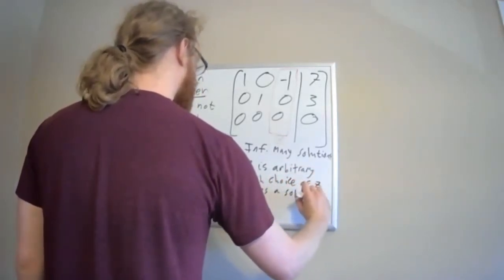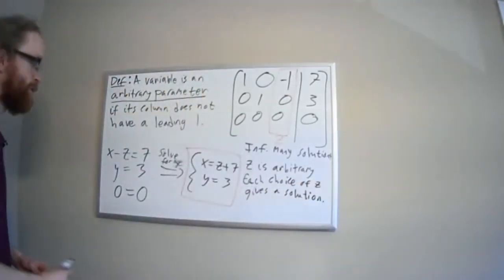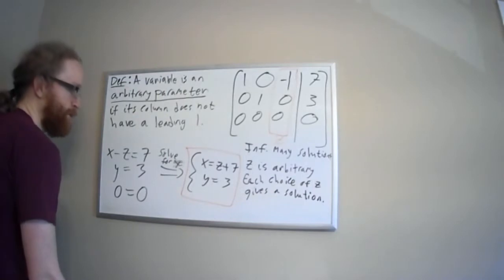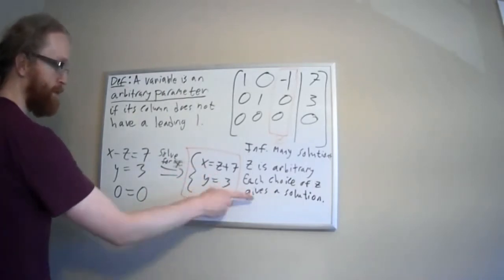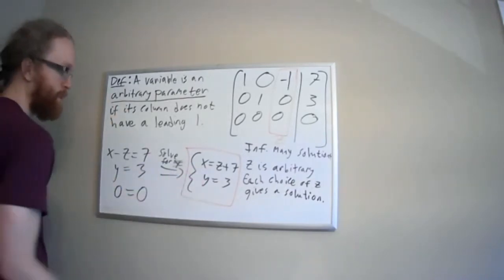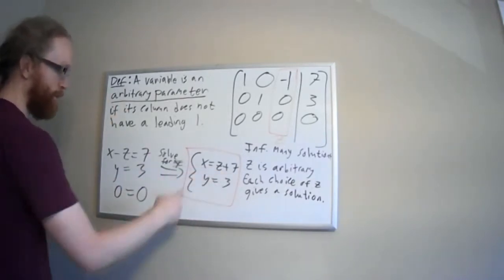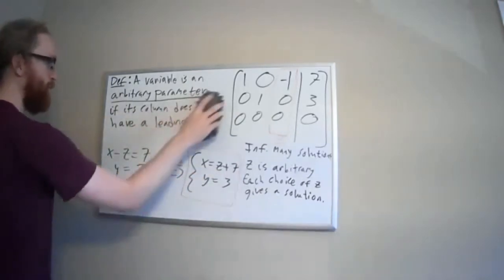If you know anything about functions, if I were to use that terminology, which maybe you do or don't, we could say that x is a function of z, meaning that anytime I pick a value of z, it determines a value of x. That's what this represents here.